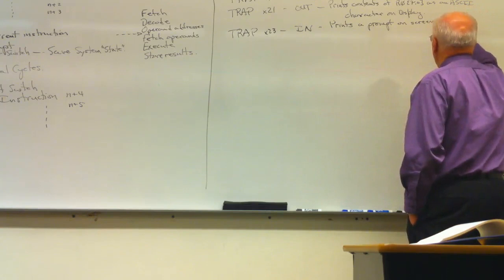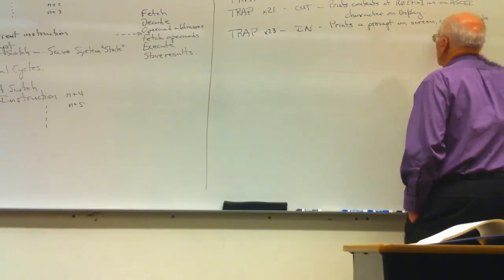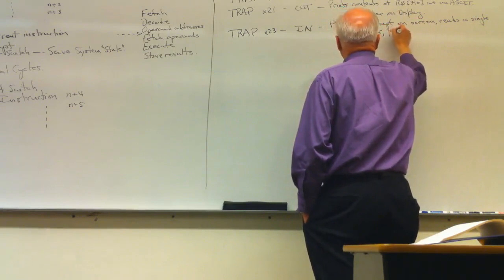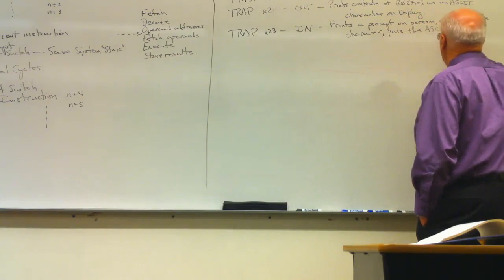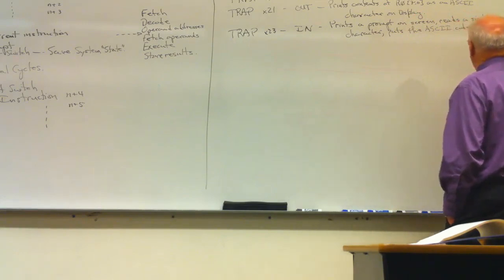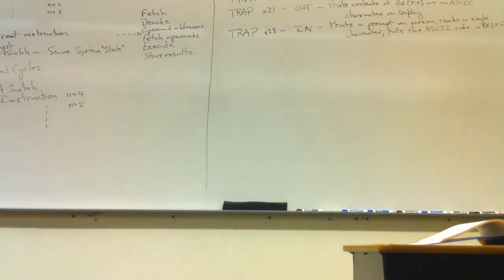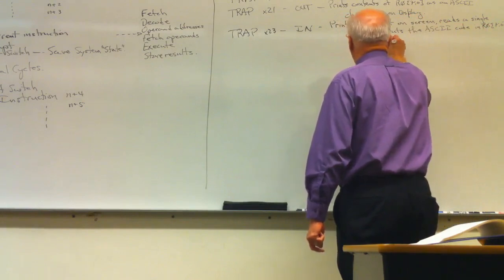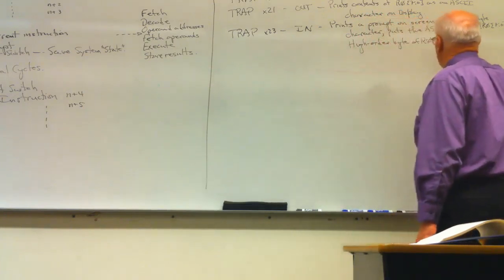Then it reads a single character and puts the ASCII code in the same place, register 0, bits 0 through 7. The high order byte of register 0 is cleared.